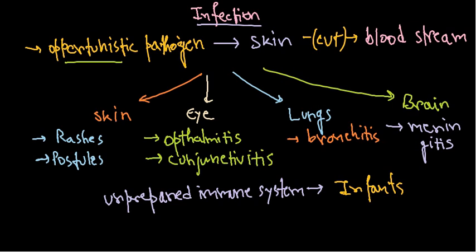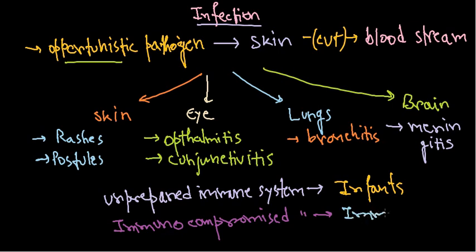Or on the other hand, we can have an immunocompromised situation. That means the immune system is not working properly due to the taking of immunosuppressive drugs, right? So immunocompromised, so let me write immunosuppressive drugs.